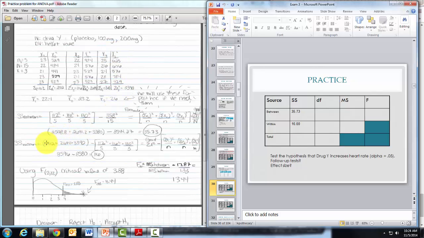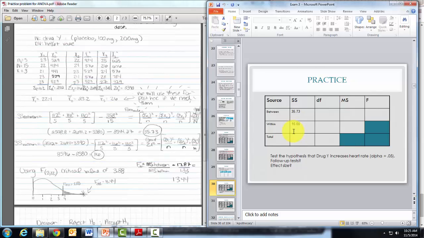So the grand sum of x squared is the sum of x squared for each of the three groups added together. You should get 8,596 as the first part of that equation, and then we're going to subtract this value, which we've already calculated, 8,580. Once you do that, you should get a sums of squares within of 16. We're going to then come over to our source table and put 16 in our sums of squares within.